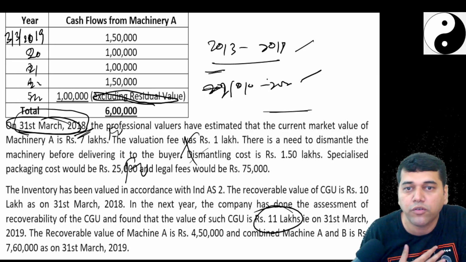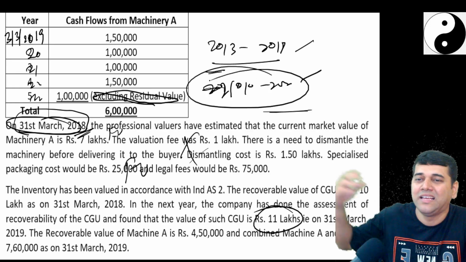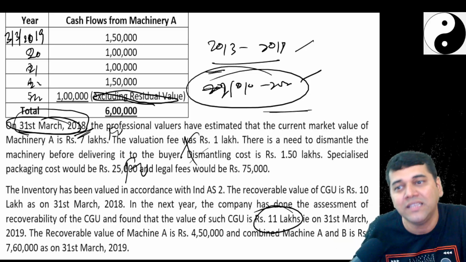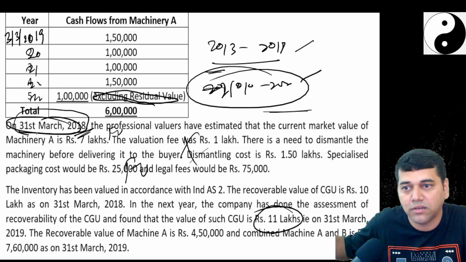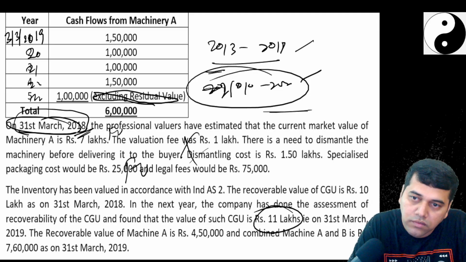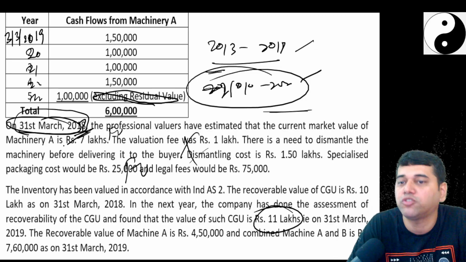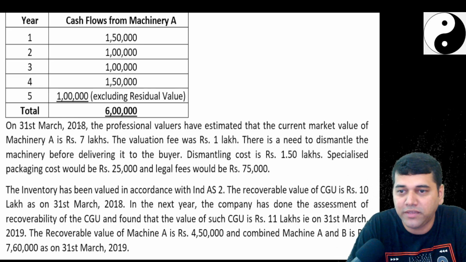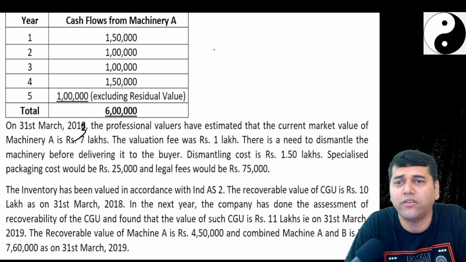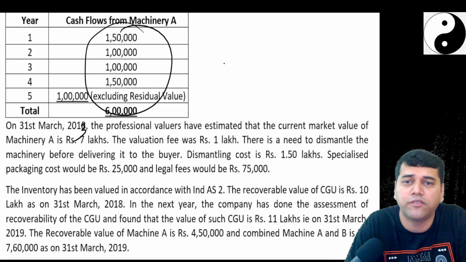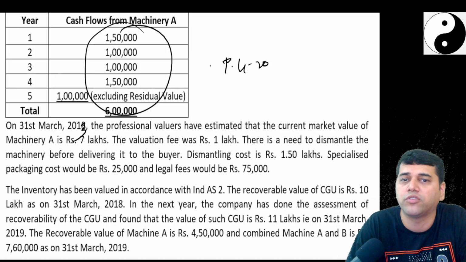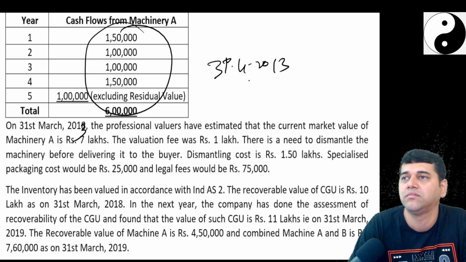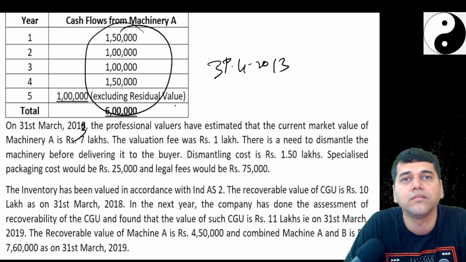If I was there, I would have taken this, because otherwise they should have given me 2013. If they would have given me this in 2013, yes, I would have considered this, because when I discount to the present value, I get 1st April or 31st March 2013. Both are comparable.